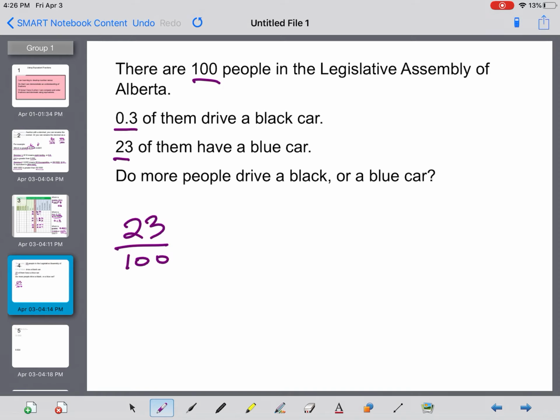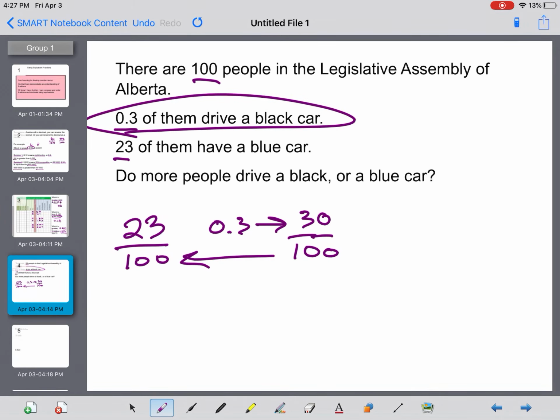And I know that 3/10 of the people drive a black car. Okay, I want my denominator to be 100 so that it matches this number here. So I'm going to put a 0 there and an extra 0 on top, meaning that more people drive a black car. And of course, because it is a word problem, I need to answer using a sentence.